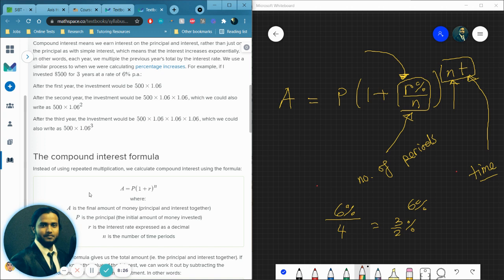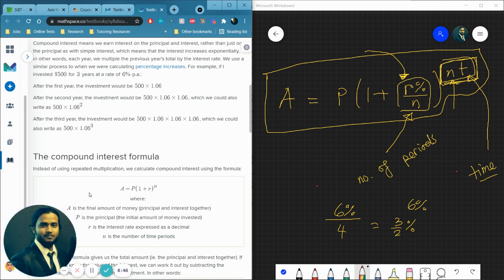And nt will give you quarters. So that way it's taken care of. They are always in sync. So always use this formula when you do calculations so that your interest rate and number of periods are always in sync.